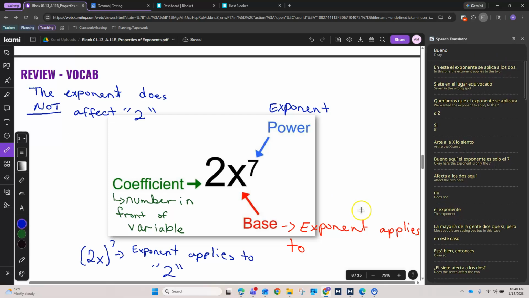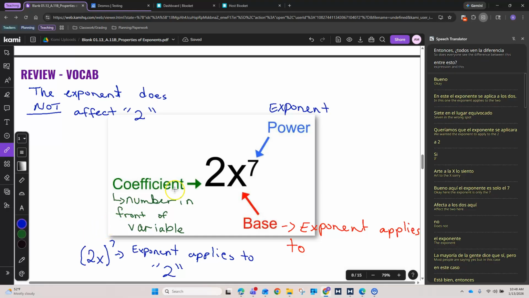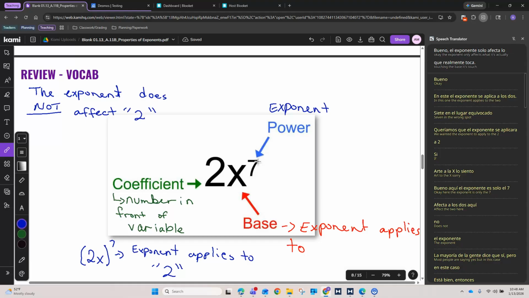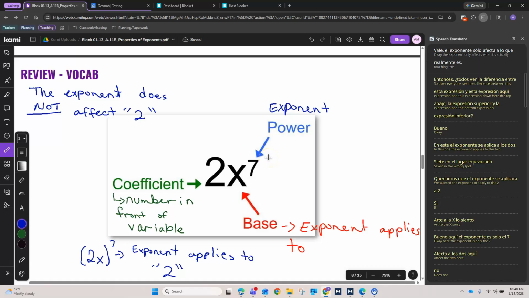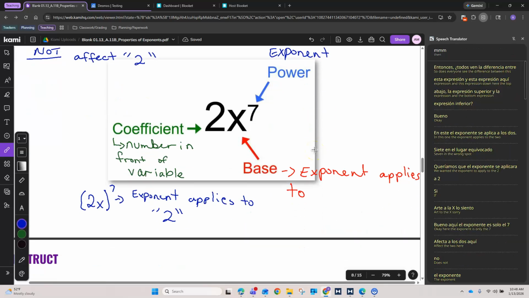Okay, so does everyone see the difference between the top expression and the bottom expression? The exponent only affects what it's actually touching, the base it's touching. So if it's not touching the 2, then it doesn't apply to the 2. With the parentheses, that means 2x's all together, so the 7 would be touching. Okay, so just to keep that in mind.